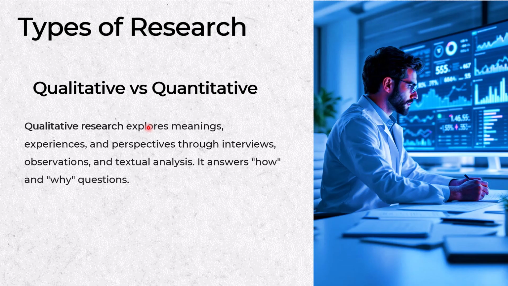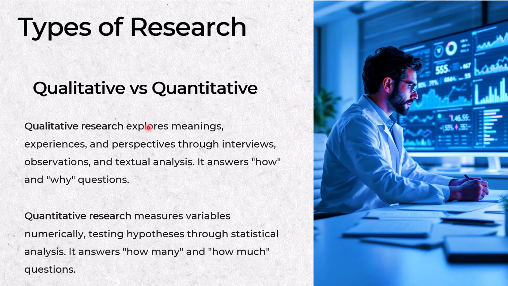We answer how and why questions. But in quantitative research, we measure variables numerically, testing hypotheses through statistical analysis, and we answer these questions: how many, how much. That's the main difference.